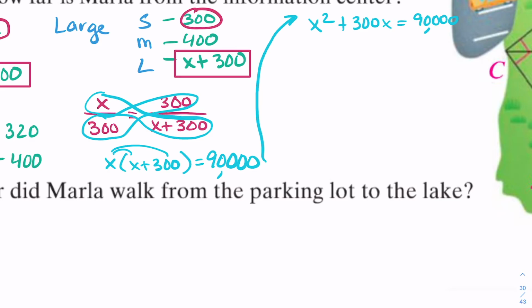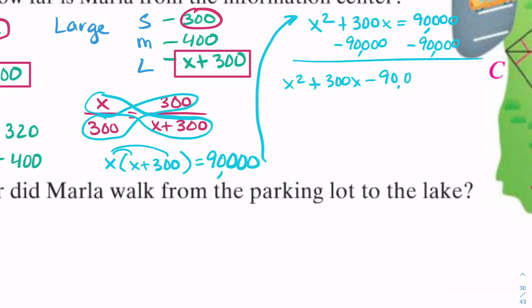All right. And what I'll do is I'll move 90,000 over so I can solve, because I will put everything on one side. What I get now is x squared plus 300x minus 90,000 equals 0.